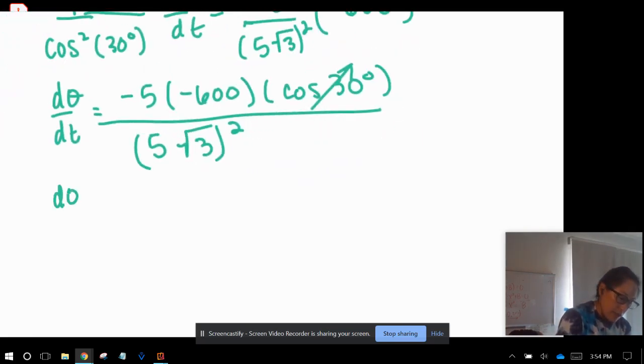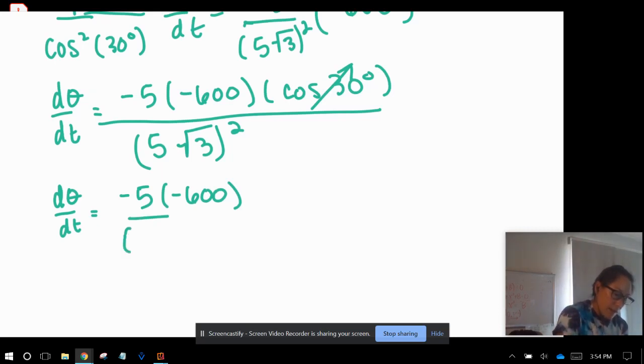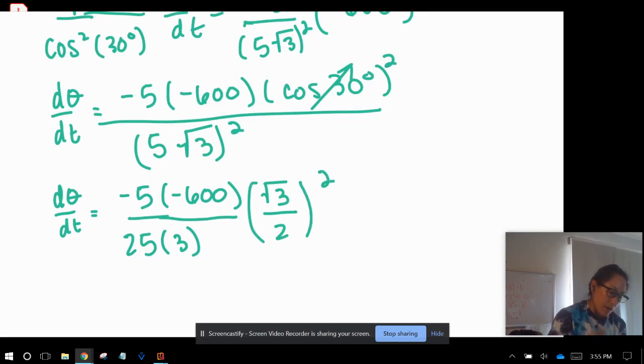So d theta dt is equal to negative 5 times negative 600 times, well, let's put this over 25. This, root 3 squared is 3, okay, times root 3, ooh, I forgot a squared, over 2 squared.